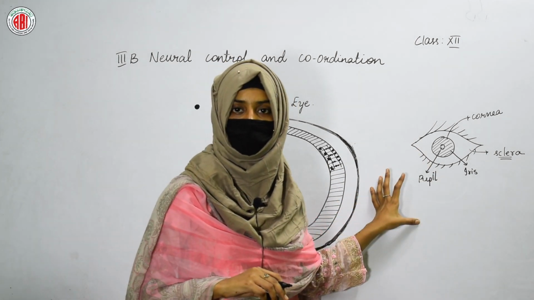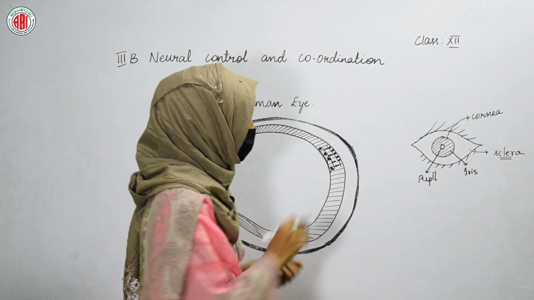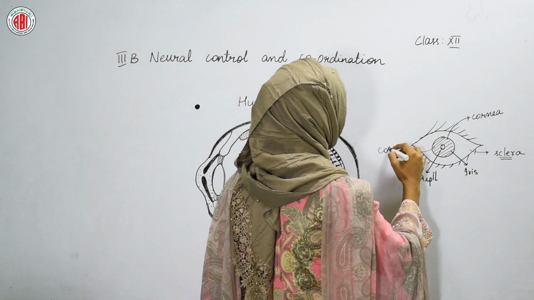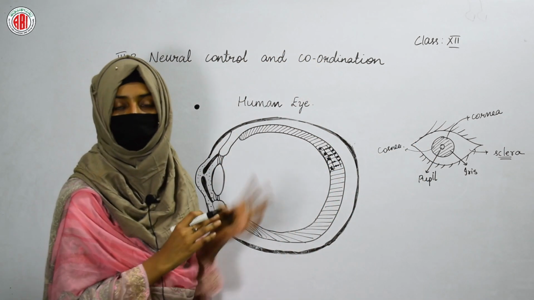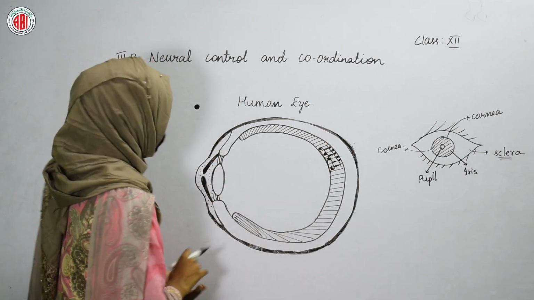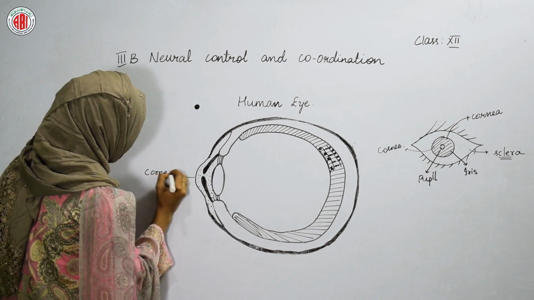The iris and pupil are covered by a transparent part, and that transparent part which covers the iris and pupil, we call the cornea. Now, when we see the side view, just to understand the internal structure of our eye, this is our cornea, which is a transparent part.